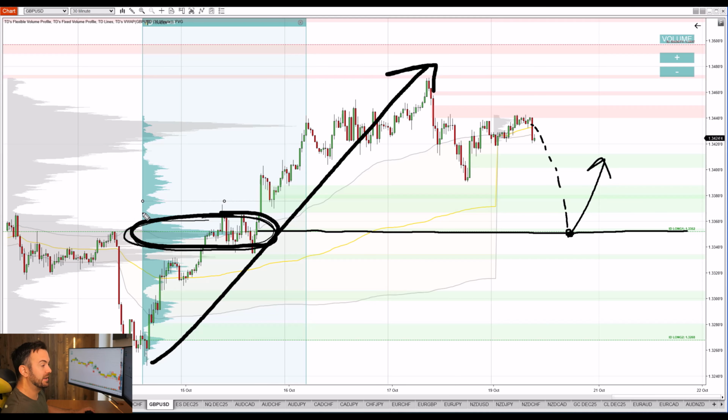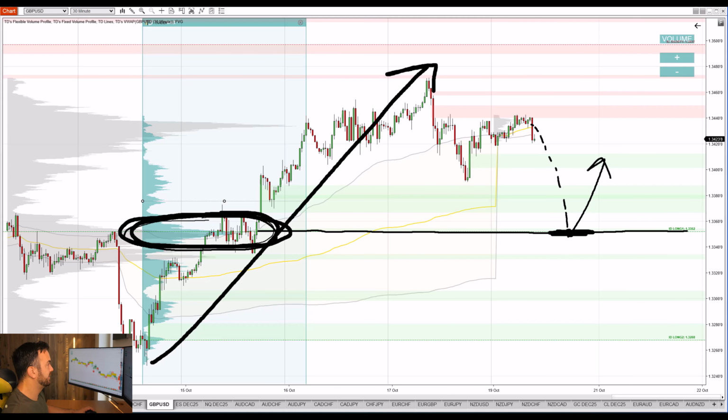Because this looks like an important place for buyers because they were really active here as the price was moving upwards, so that's why they should become active in here again, defend this place which seems to be important for them.